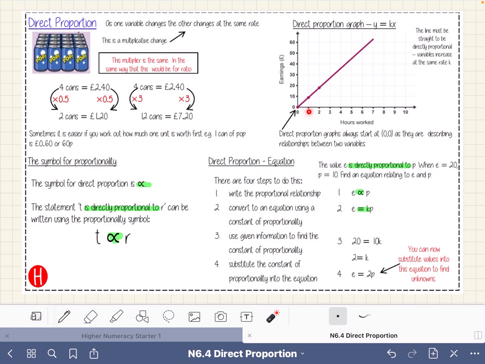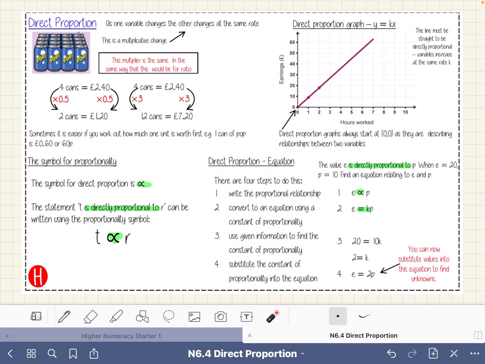And that means, so in here we can see 1 gives us 10. 2 gives us 20. 3 gives us 30. So in this instance, K would be 10 because it is increasing by 10 each time. We are using this equals K to be able to work out what the value is increasing by each time.